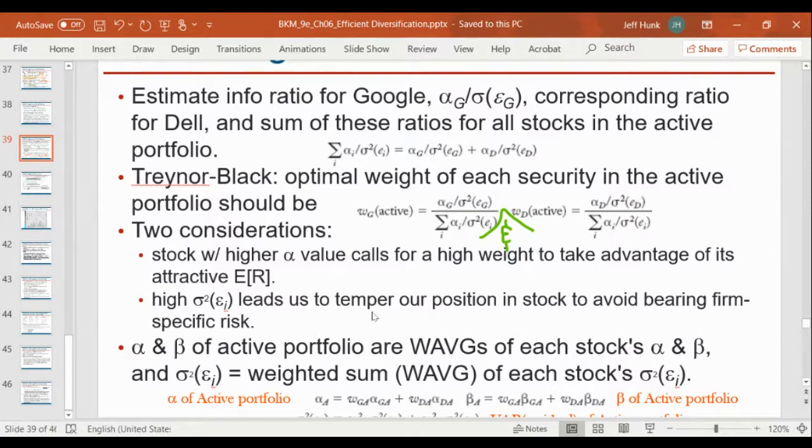In other words, contain our position, moderate it, in that stock to avoid bearing too much specific risk. Or limit or contain, in moderation.